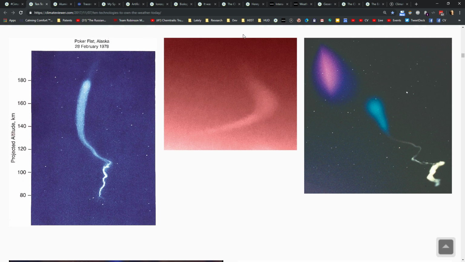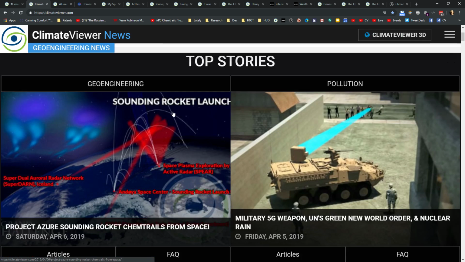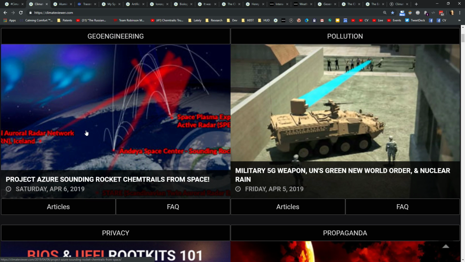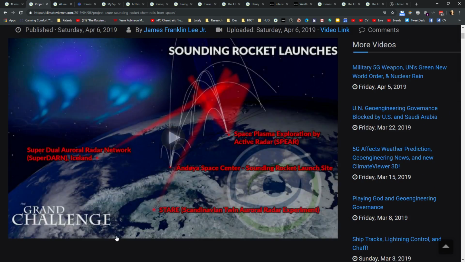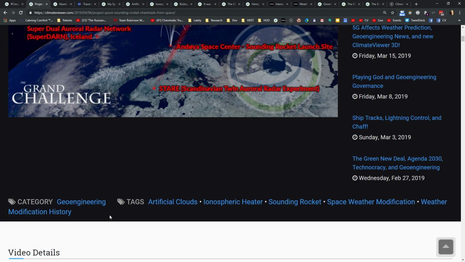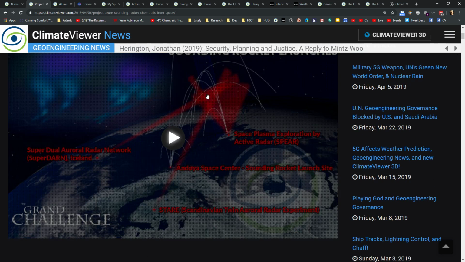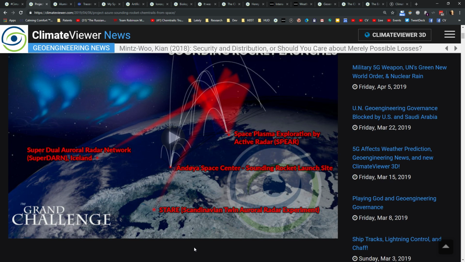Just recently, I did an article on Project Azure sounding rockets chemtrails from space. And you can see that they have something called the Grand Challenge going on right now with these sounding rockets. And the whole idea is that you shoot the rockets into space, you dump your chemicals, and then you use different radars on the ground to measure the ionospheric winds, upper atmospheric winds, the Van Allen belts.